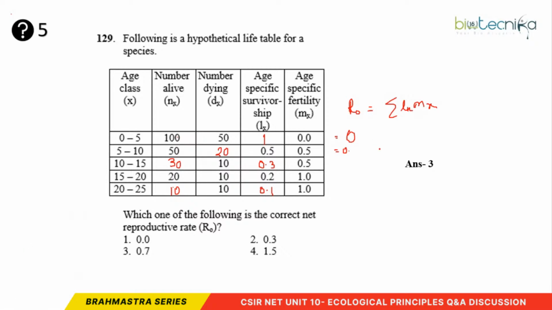So this is your 0.25. 0.3 into 0.5 will be your 0.15. This is your 1.2 and this is your 1.1. Am I right?